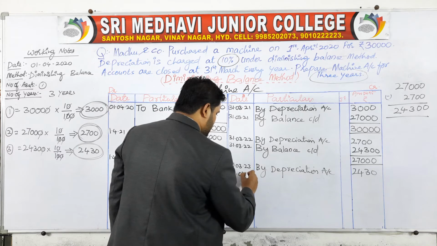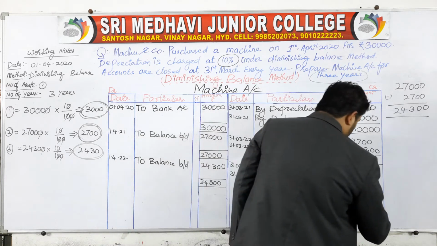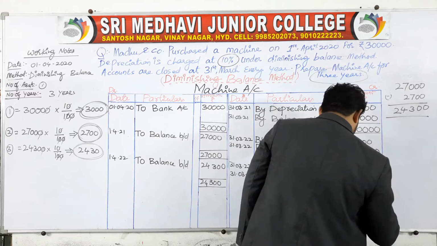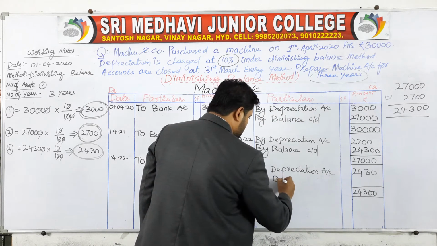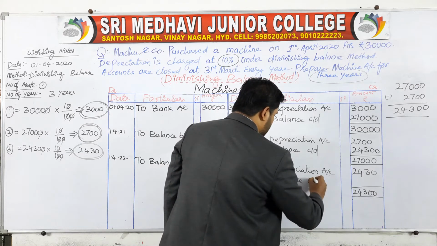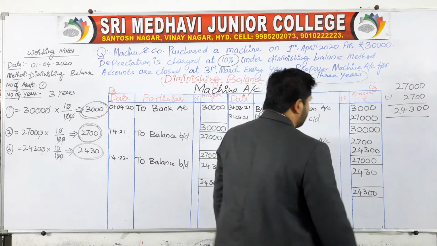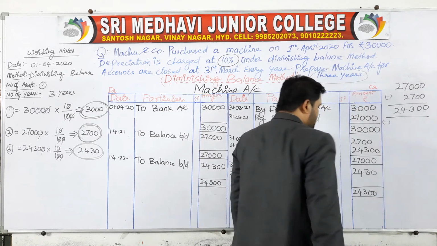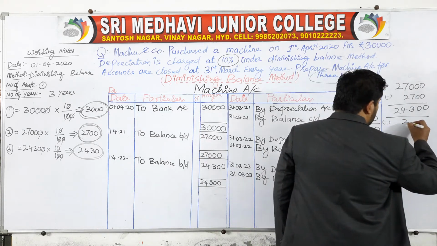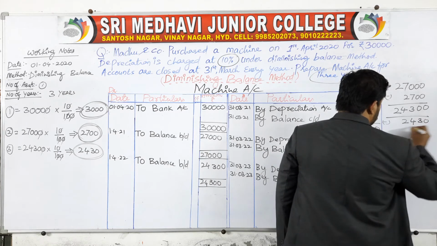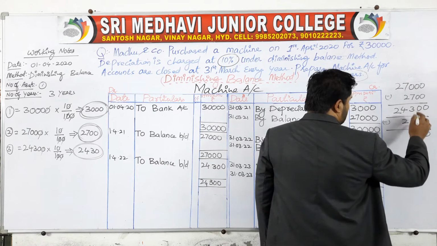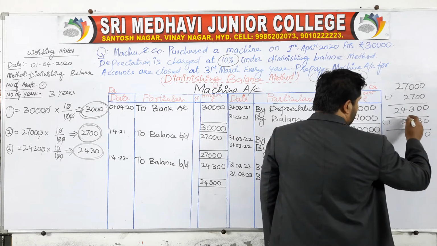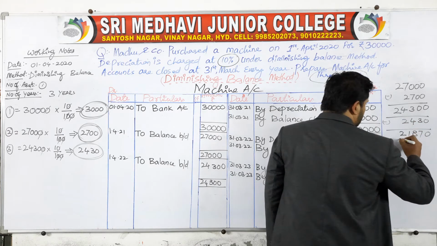The answer is for 31st March 2023. Just go for balancing first. 24,300 here, by balance carried down. How much is the value? Now minus 24,300 minus 2,430. 0 minus 0, 0. 10 minus 3, 7. 12 minus 4, 8. 3 minus 2, 1. 2 minus nothing, 2.